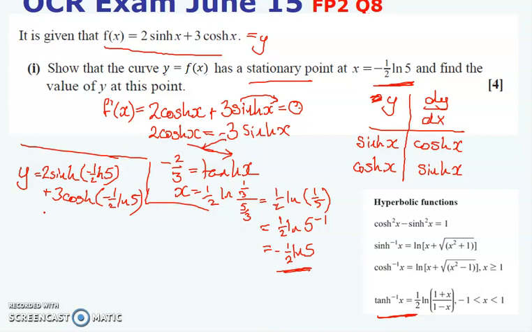So yes, I want to press that. I want the sinh of minus a half log 5. So I'm typing that in now. If it gives me a nice answer, I'm sorted. No, it doesn't give me a nice answer. That's typical, isn't it? So in which case I'm going to have to do this properly, and I'm just going to write sinh of minus a half log 5.